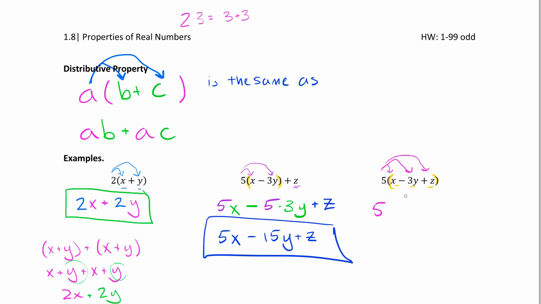And I end up with 5 times x minus 5 times 3y plus 5 times z. And now I simplify this as much as I can. 5x is going to stay how it is. Minus 5 times 3 is 15, y, plus 5z. So there I go.